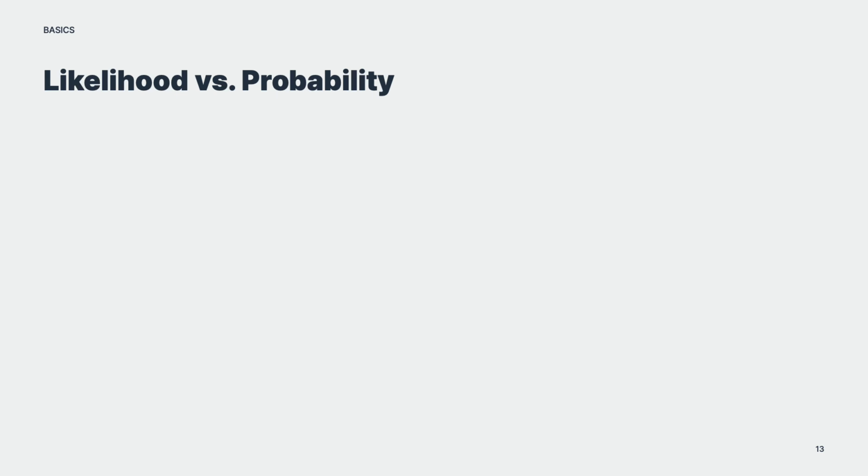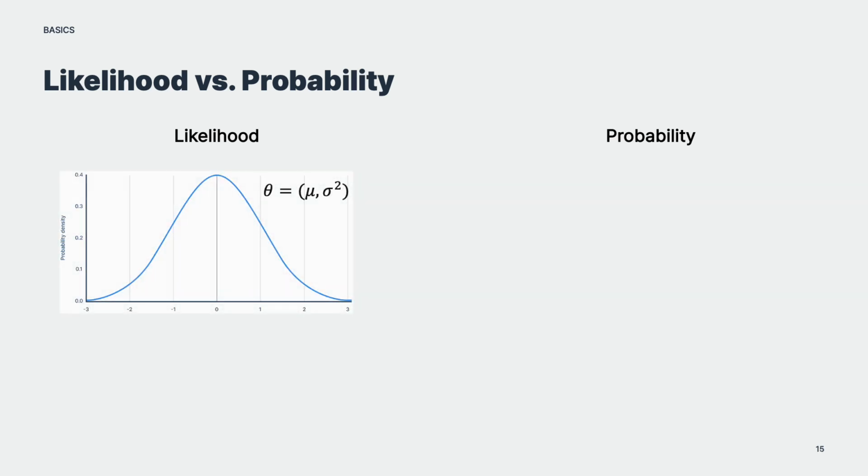Likelihood and probability are often confused concepts. To clarify the difference, let's take a closer look at how they differ. Likelihood measures how well our model explains the observed data. It is interpreted by reading the probability density at the observed data point.